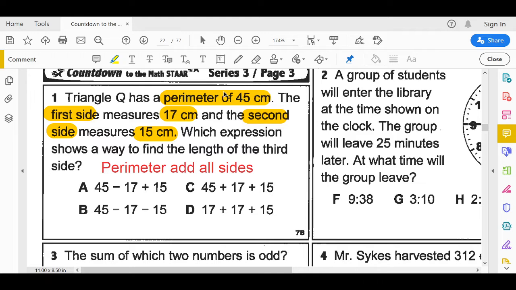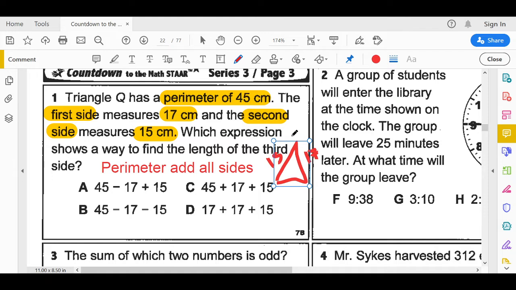They already give us the perimeter, so just to make it visual here for you, let me draw a triangle that looks kind of like that, okay? And then we know that one side is going to be 17. Another side is going to be 15.